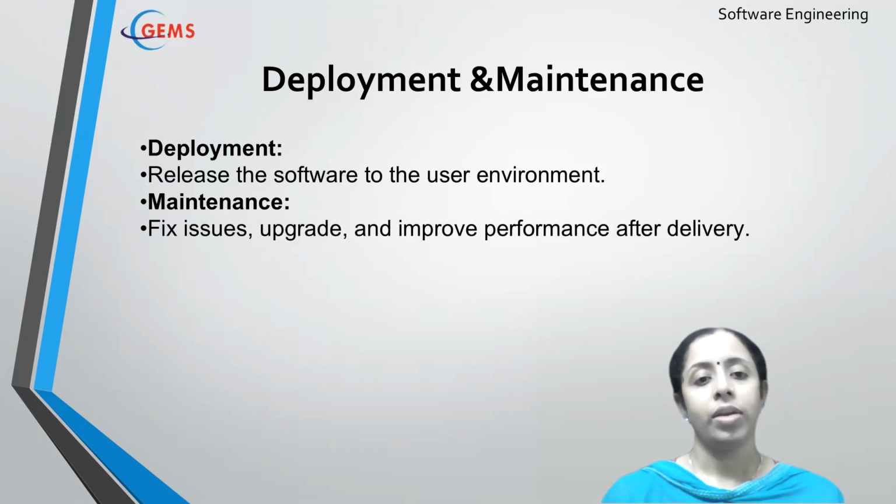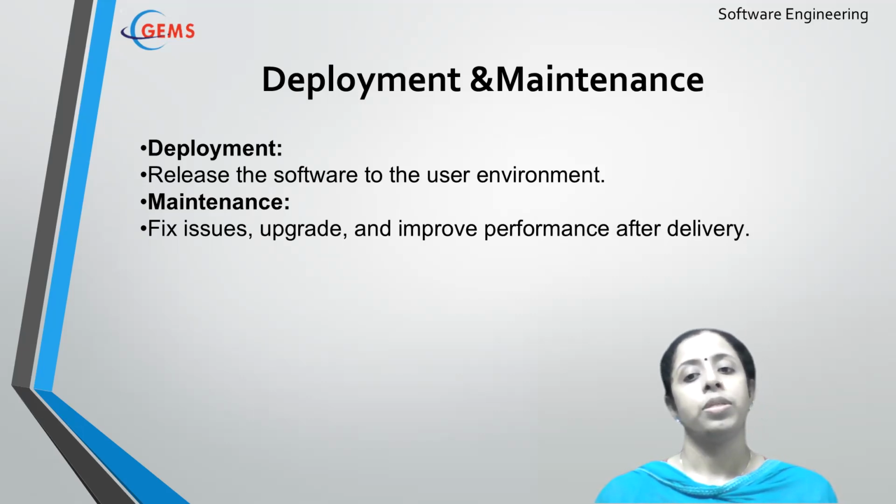So it is releasing the software to the user environment, or we publish the software. That phase includes deployment. Further, after all this process is completed, we need to maintain the entire software throughout. In the maintenance phase, we need to fix issues, upgrade, and improve the performance after delivery.